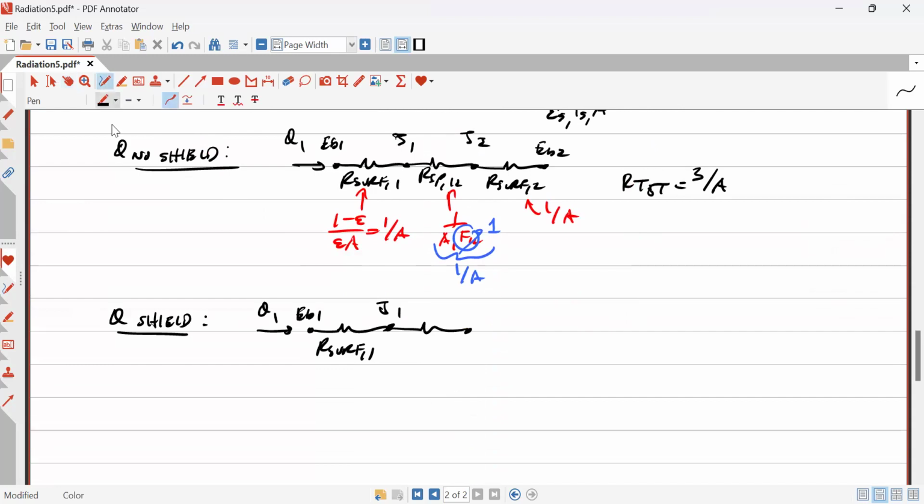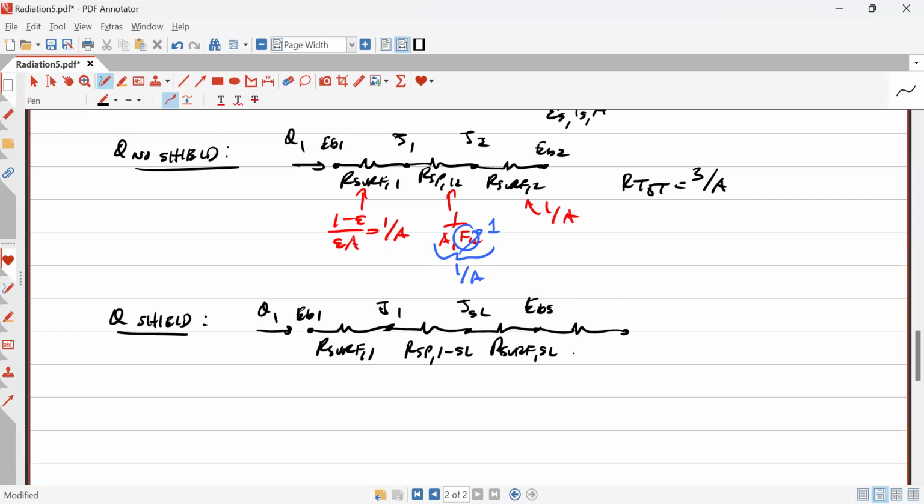So to account for that, we're going to say R spatial 1, and then we'll say shield on the left. So this will give you the radiosity on the left side of the shield. And then we have the surface resistance of the shield on the left side, which gets us then to EB shield.